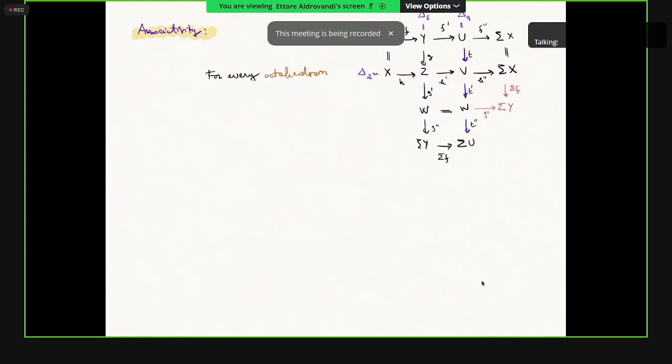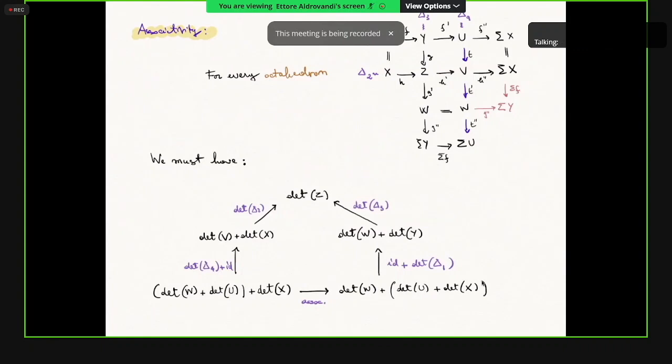So once you get there, given an octahedron like so, the additivity data must be compatible with it, in the sense that if you start from the center of the octahedron and start decomposing, you can do it in two ways. And then if you follow what's going on, you see that that will be closed by the associativity in morphism in the Picard groupoid.